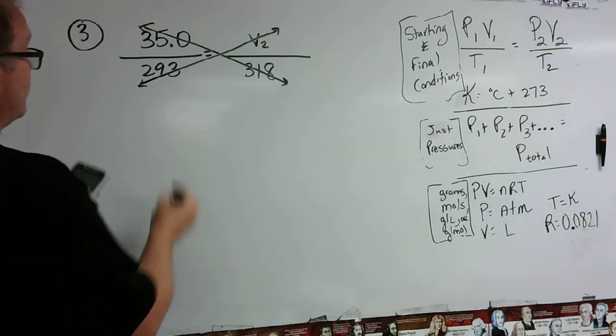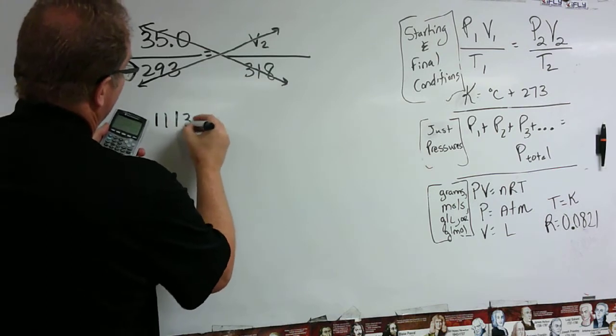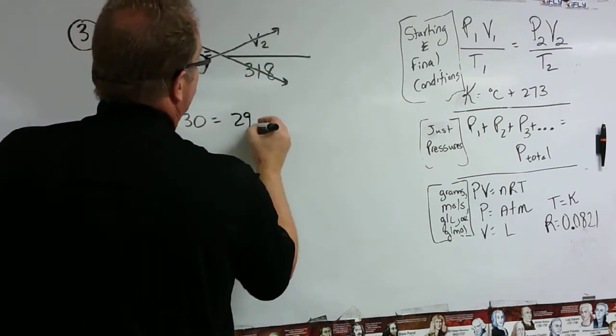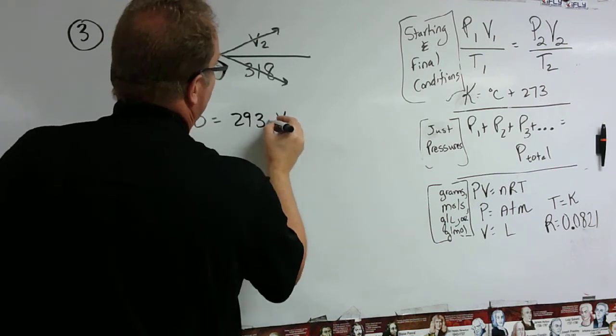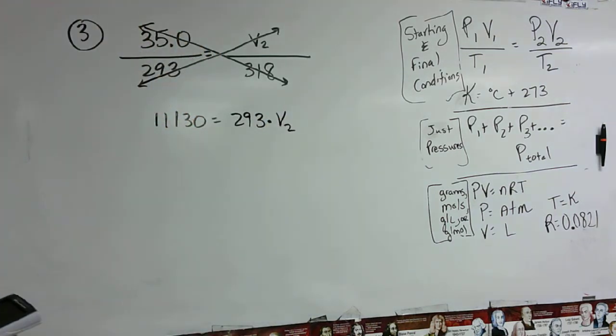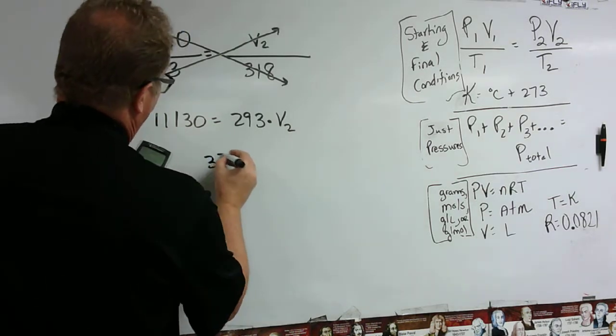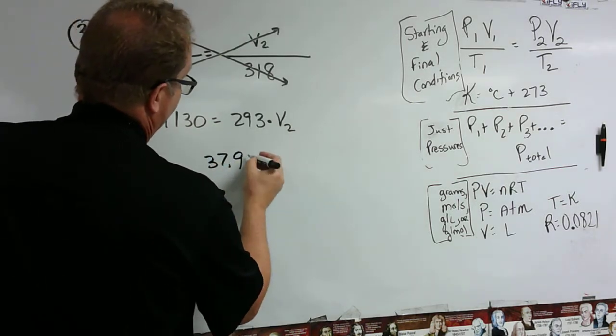I'm going to have a total number, and then this would be 293 V2. So we got 11130 divided by 293. And I end up with 37.986.